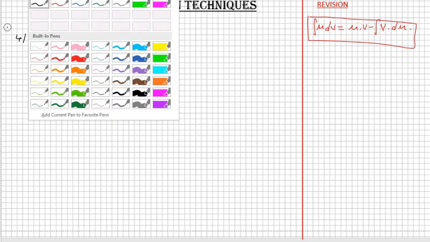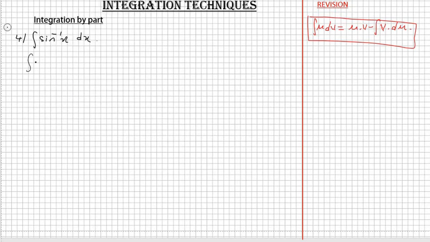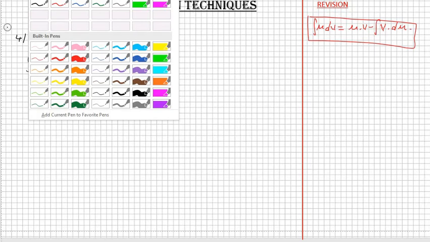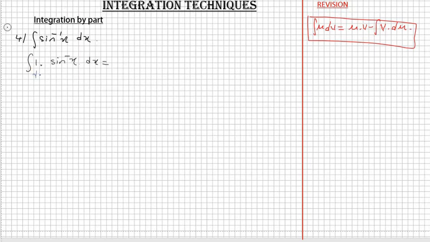So what I'm gonna do is put a 1 in front, and consider that 1 as my first function multiplied by my second function, which is arc sine of x. So I'm gonna call that dv and that one u.